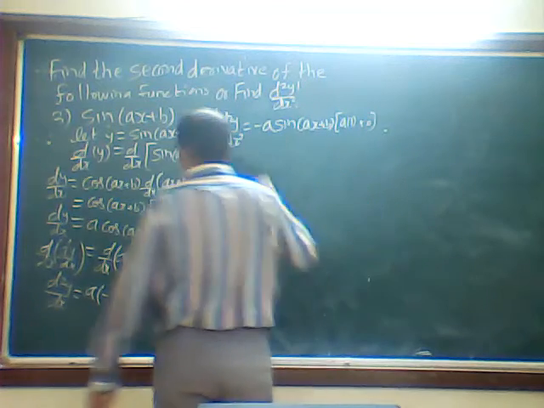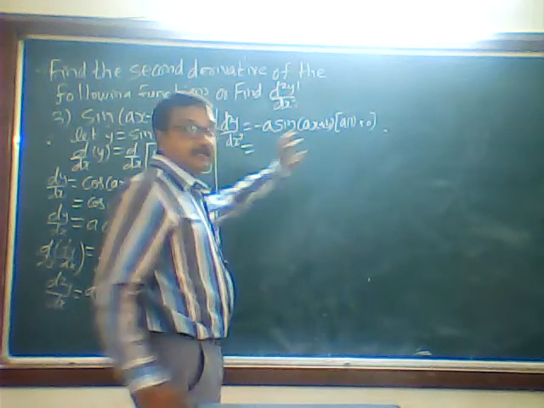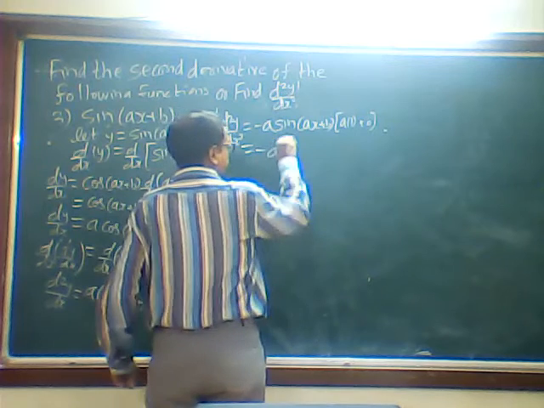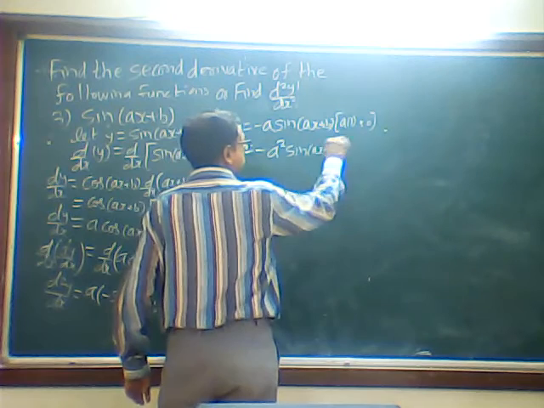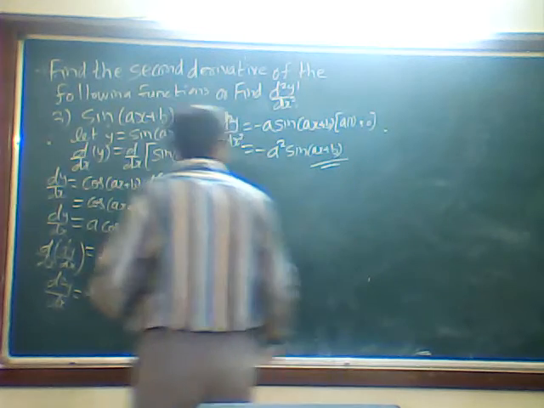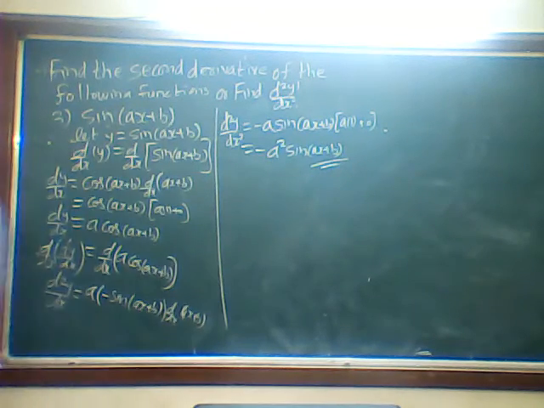So this a into that a gives minus a square sin of ax plus b.